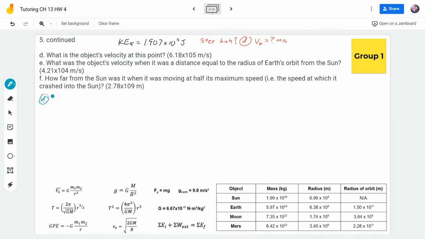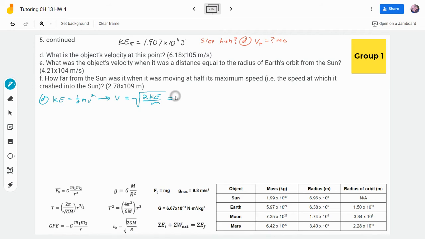So for part D, KE is equal to 1 half mv squared. Okay, that means V is going to end up being the square root of 2 KE over m. Multiply both sides by 2, divide both sides by m, take the square root. You end up with this.